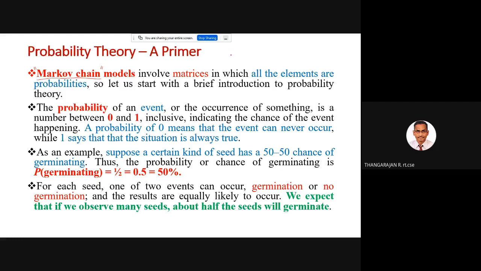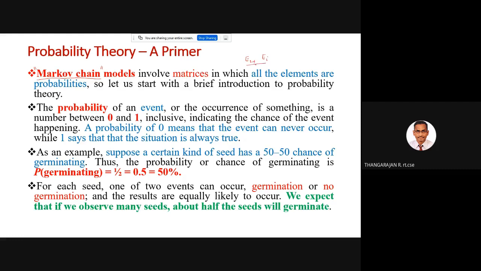Markov chain is a process. Some event occurs today, and the occurrence of this event I will depend upon the occurrence of the previous event, I minus 1.